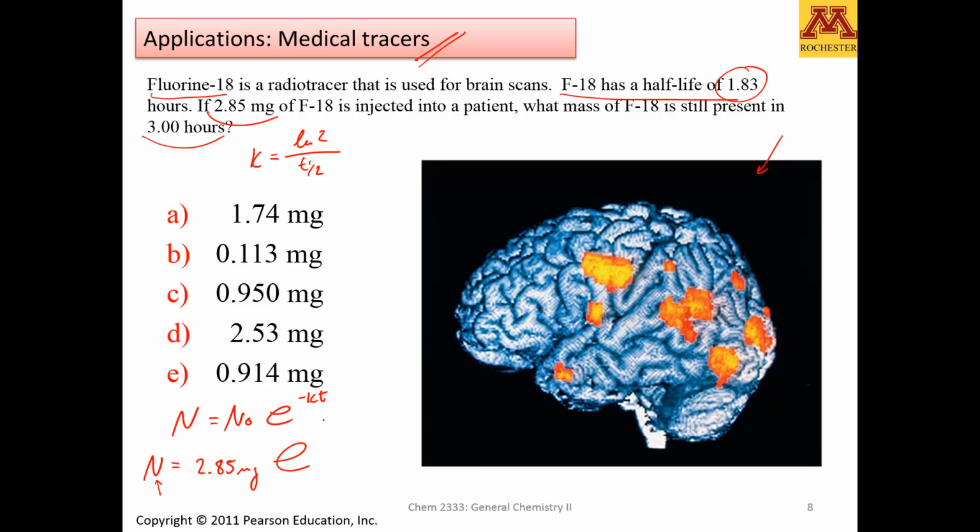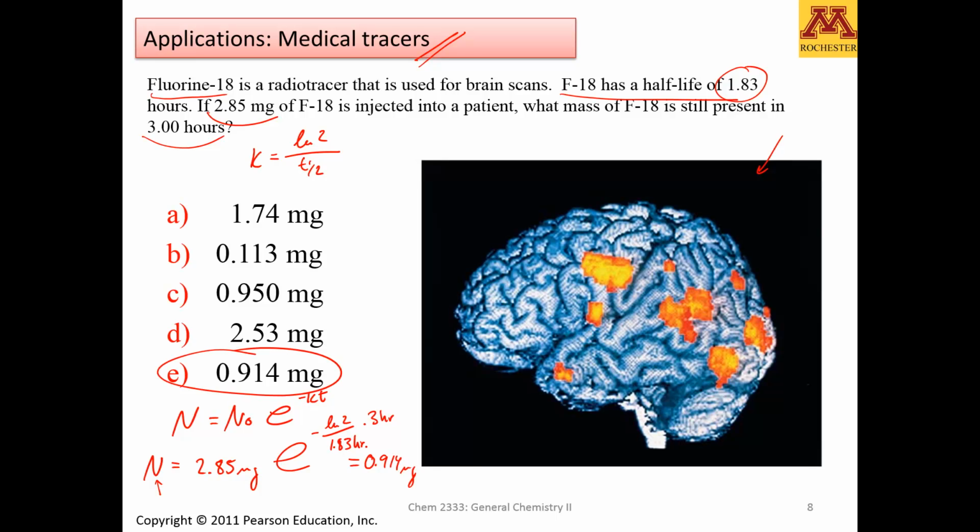The result is 285 times the exponent of minus k, where k is the logarithm of 2 divided by the half-life in hours, times 3 hours. Notice again that the hours and hours will cancel. If you calculate this, you'll see around 1.914 milligrams. So this is the solution.